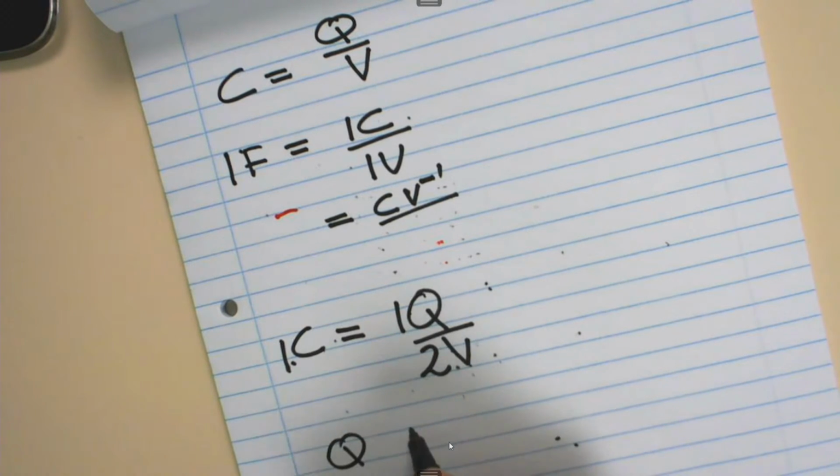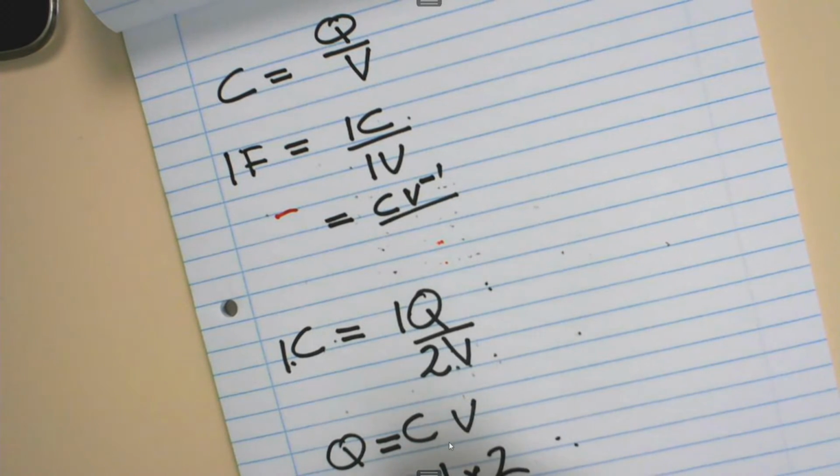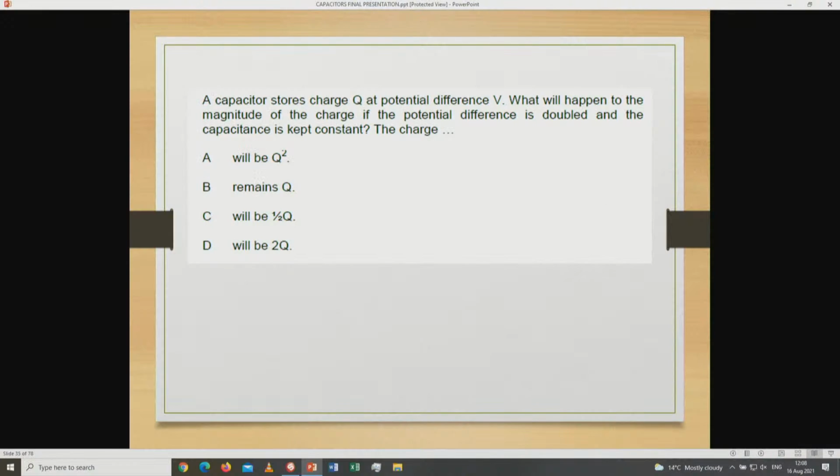Charge will be CV when we make charge the subject of the formula. Therefore, charge will be equal to capacitance, which is kept constant at 1, times the value for potential difference, which is 2. Q equals 2. Therefore, it means this is 2Q.